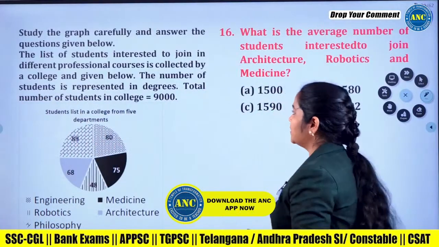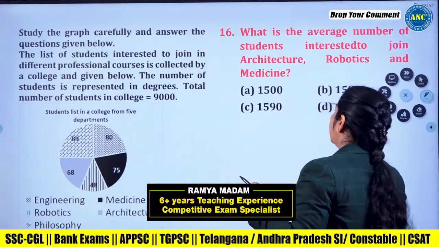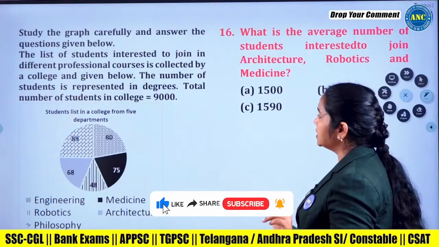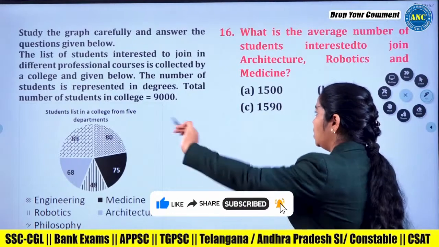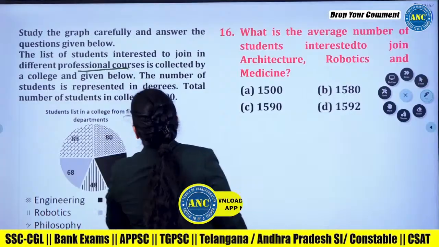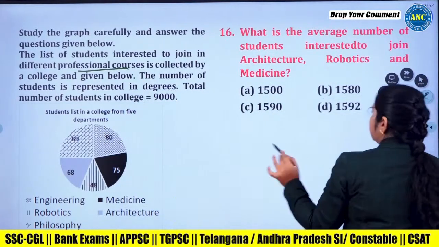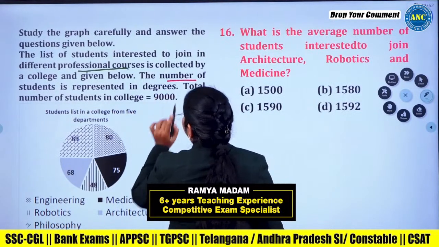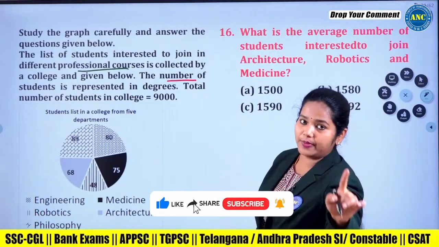We'll read out the question. The list of students interested to join different professional courses is collected by a college and given below. Important: this is the second model of representation of a pie chart.